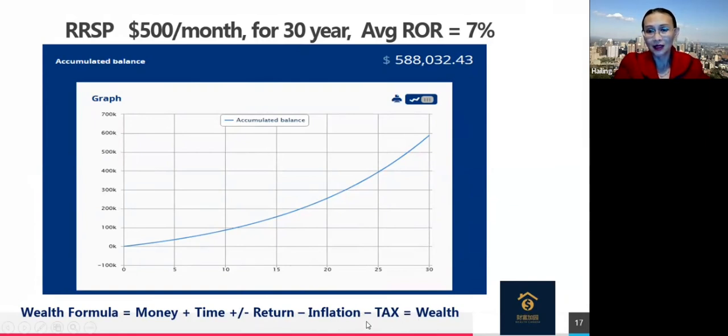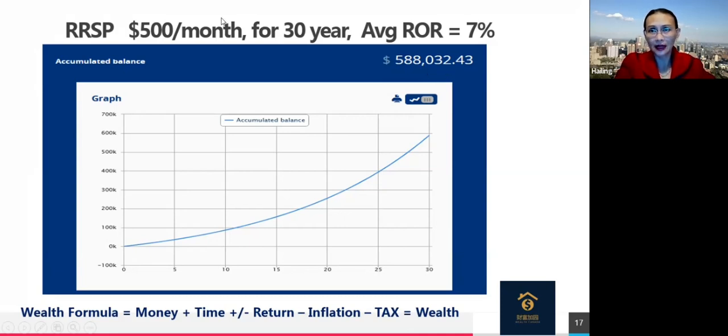And also the tax consequences. Whenever you withdraw money, we don't want you to pick up too much tax, right? So only then can we help you create your wealth. So there are a lot of factors we need to consider. So that's why we run the software, and we say, yes, 588,000, it is achievable, correct?